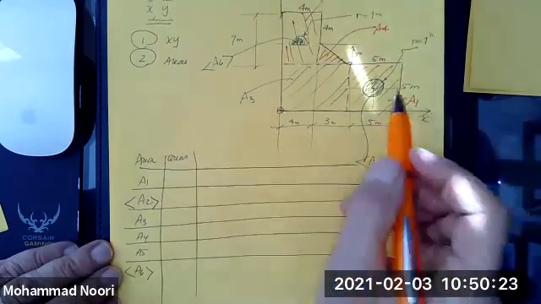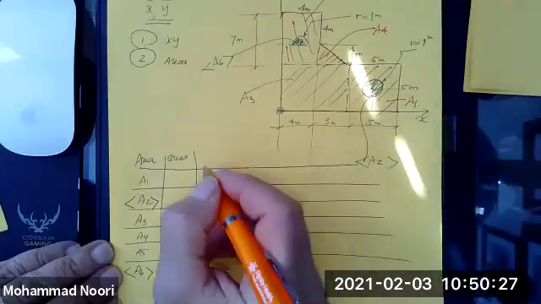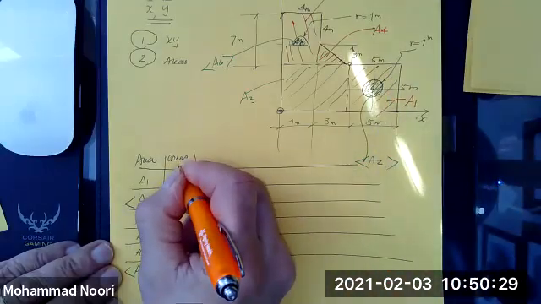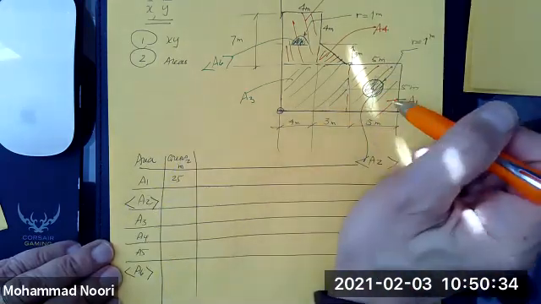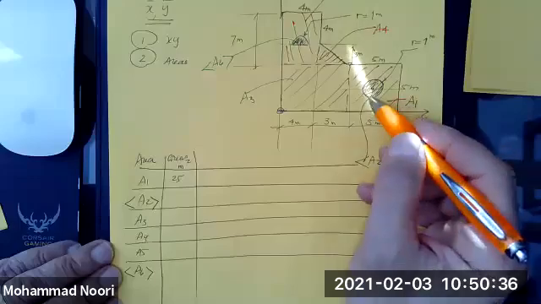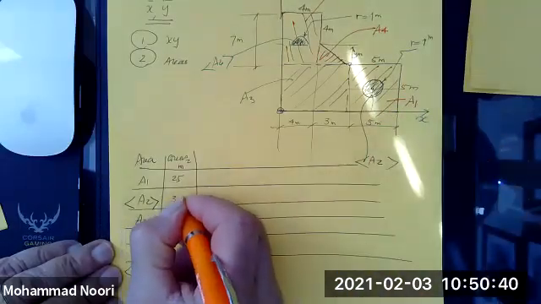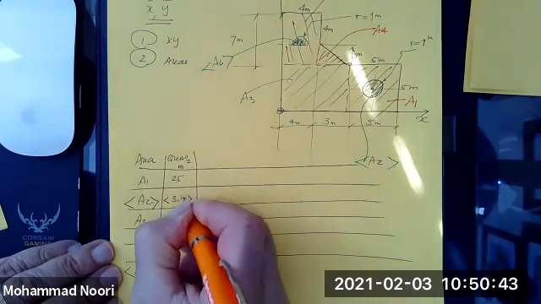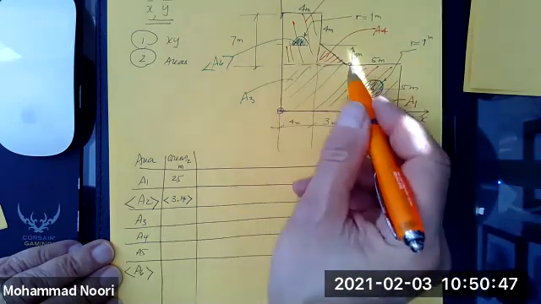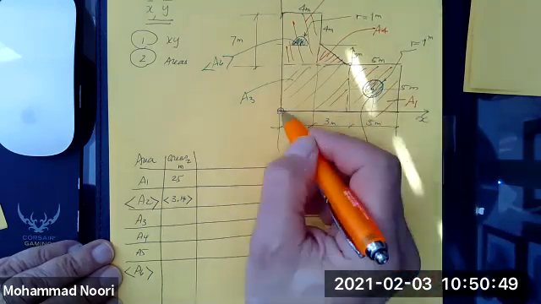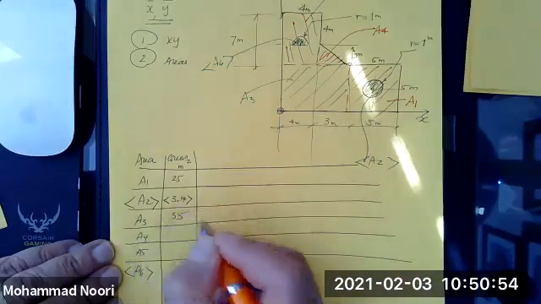What are the areas? A1 is 5 by 5, so 25 meter squared. A2 is this little circle, pi r squared. R is 1, so it would be just 3.14, and that is negative. Area 3 is this rectangle, 7 by 5, so 35.